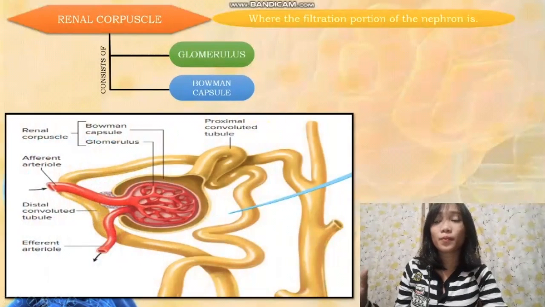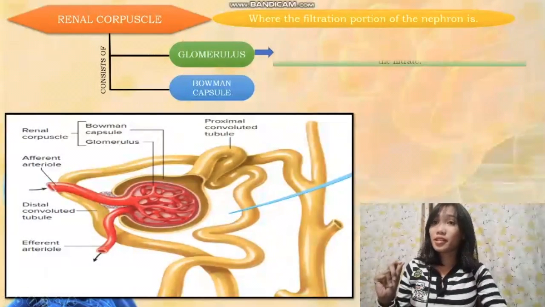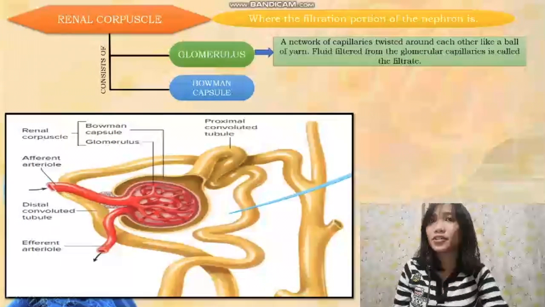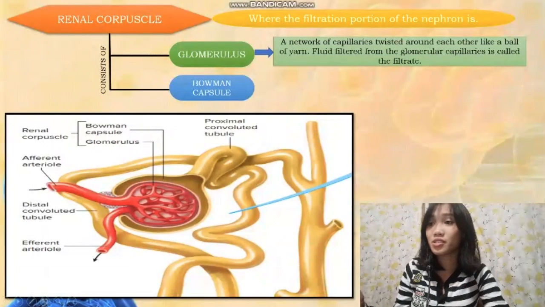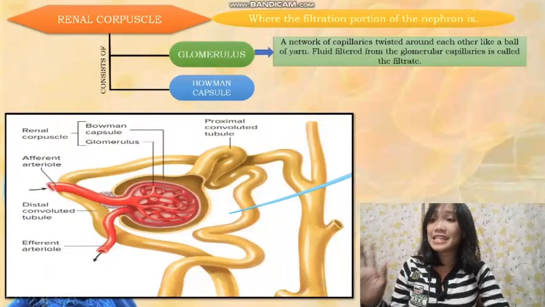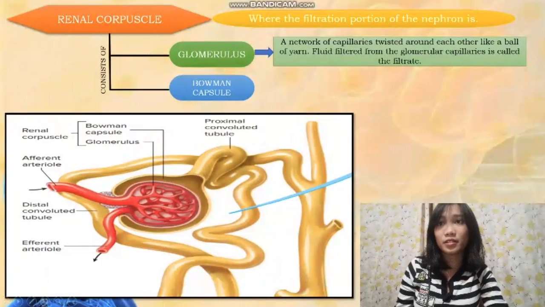The glomerulus is a network of capillaries twisted around each other like a ball of yarn. As you can see in this picture, it looks like a ball of yarn, but instead of yarn, it is made of capillaries.